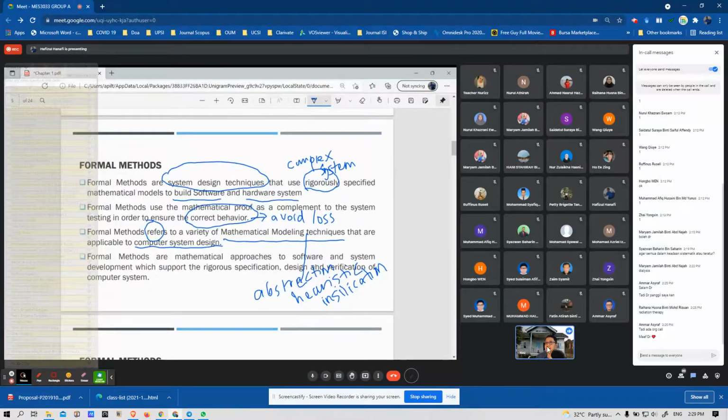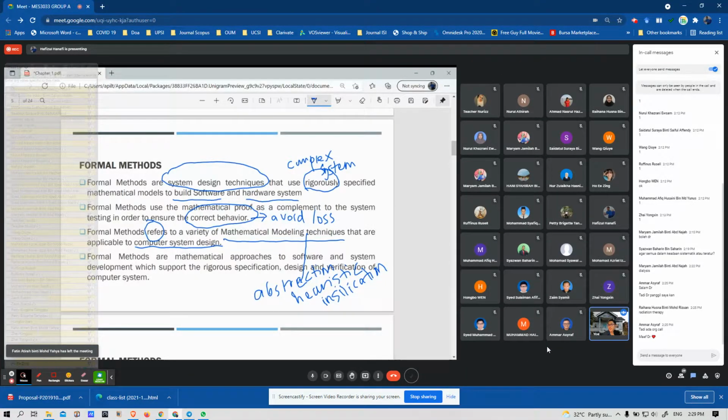Okay, and then for the mathematical approach, of course, if you are referring to formal method, it is a mathematical approach because it combines mathematical formula with software and system development, to support rigorous specification, design, and verification of the computer system.